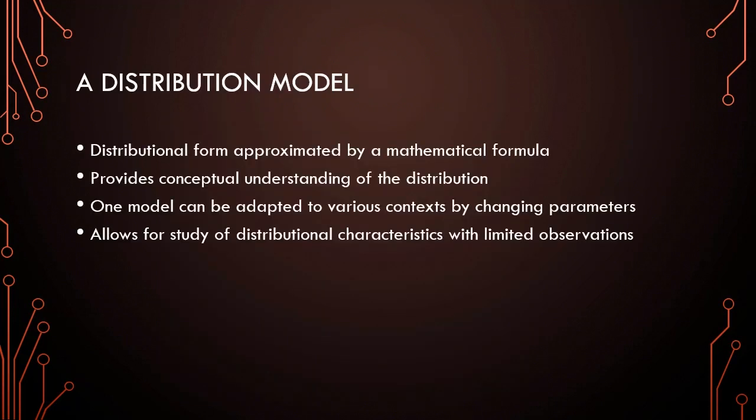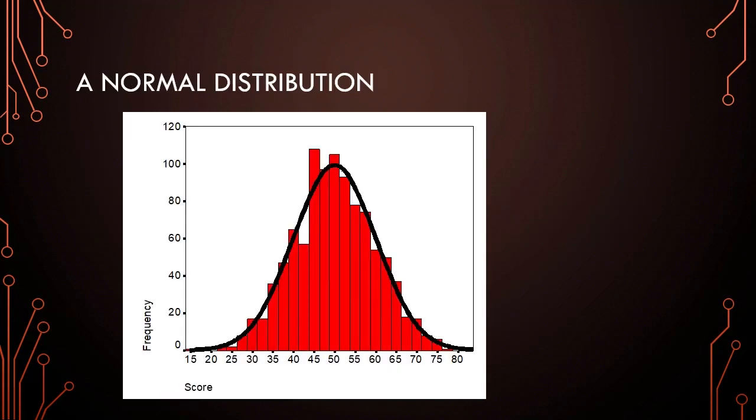A distribution model helps us study distributional characteristics even with a limited number of observations. In fact, if we know that a variable follows a distribution model, we do not even need to have data to understand something about the variable. Here's a mathematical model which we call a normal distribution. You're going to be learning more about normal distributions because they are unquestionably the most important distributions in statistics.